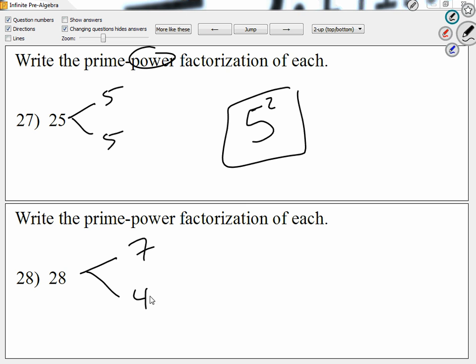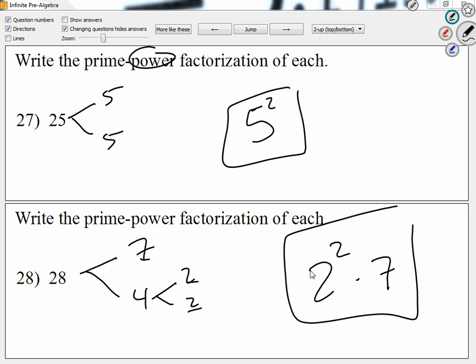Can we break down the 4? 2 and 2. So I have two 2s and one 7, right? So I'm going to say 2 to the 2nd times 7. Once again, we're using the little powers when a number repeats. I'm not going to say they all have a repetition. That's why I skip 25 and 26. They don't have repetition.